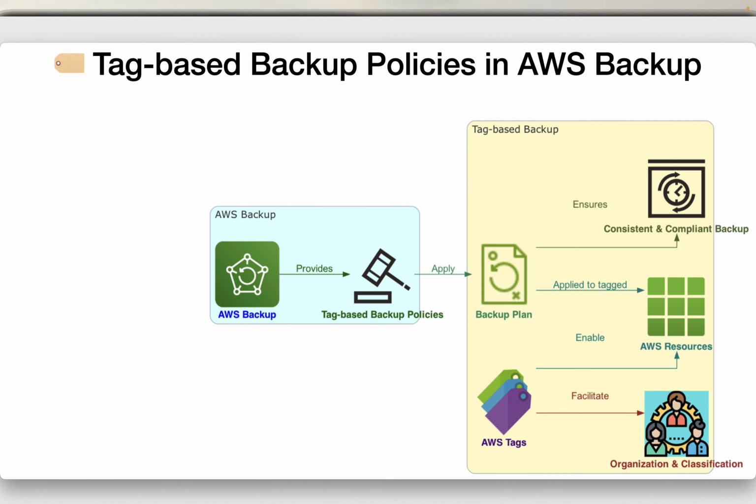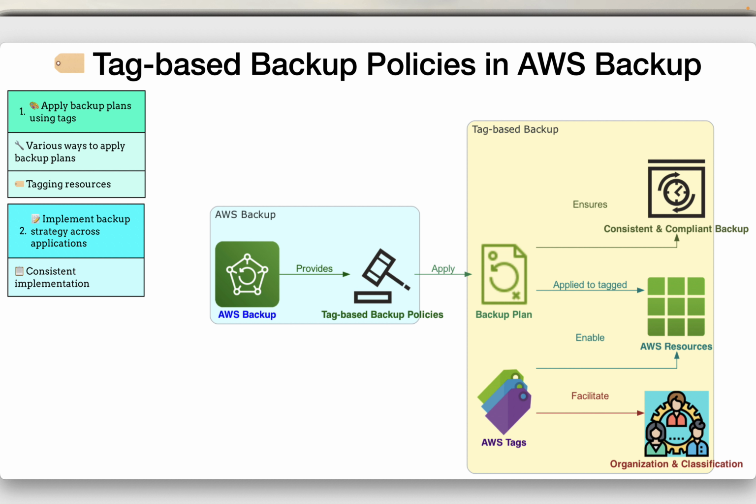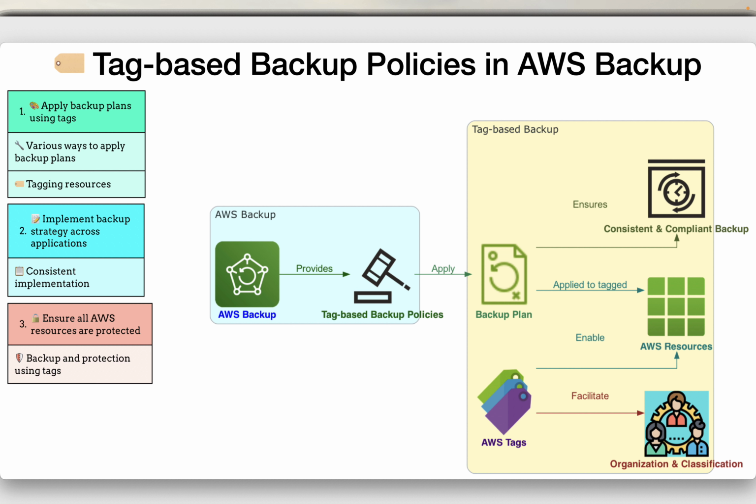Next is tag-based backup policies in AWS Backup. You can use AWS Backup to apply backup plans to your AWS resources in various ways, including tagging them. Tagging makes it easier to implement your backup strategy consistently across all your applications. By using tags, you can ensure that all your AWS resources are backed up and protected.